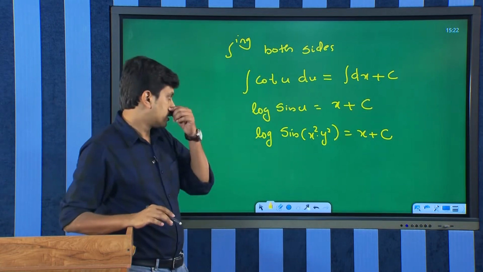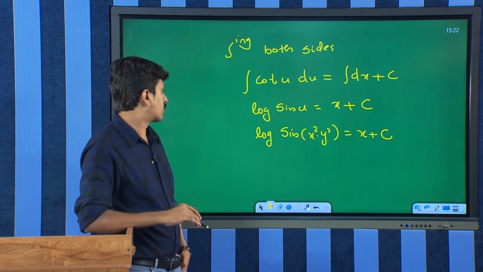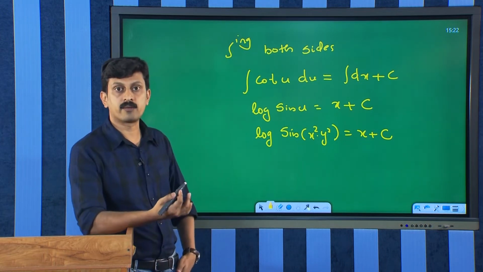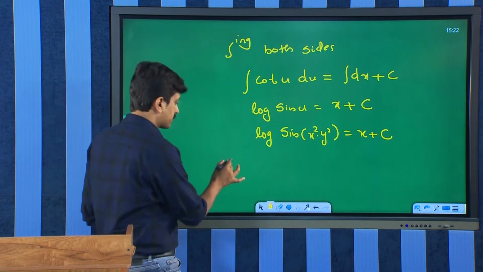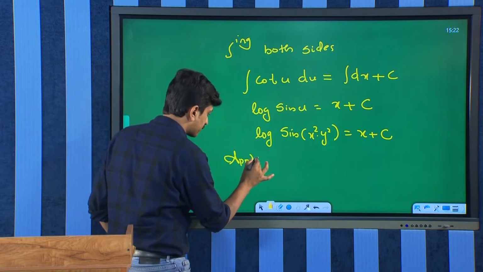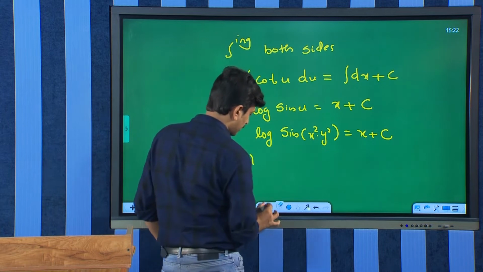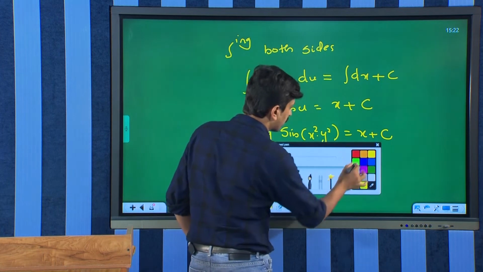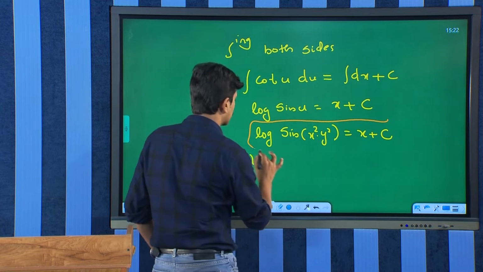Fine. Therefore, we can apply the exponential function on both sides. This itself is an answer. This itself we can consider as a general solution.